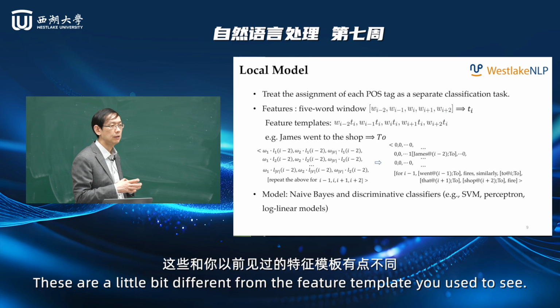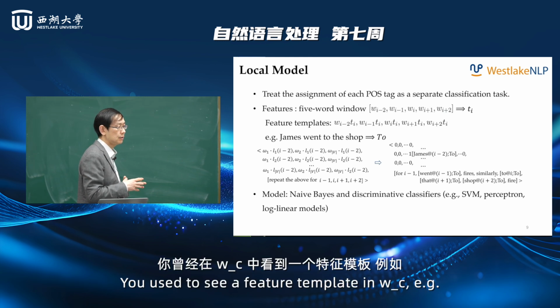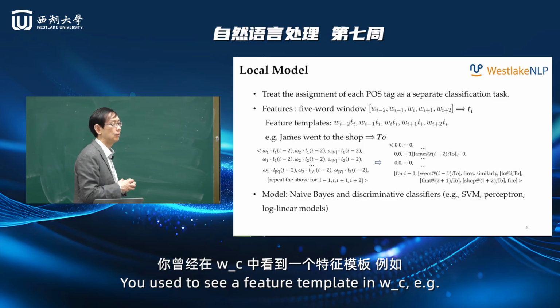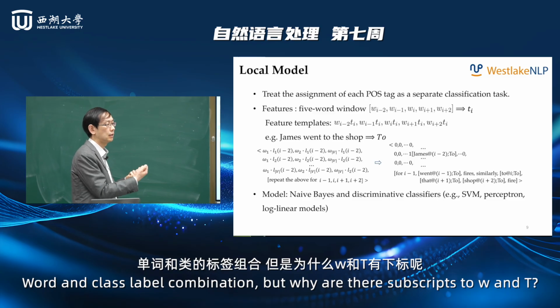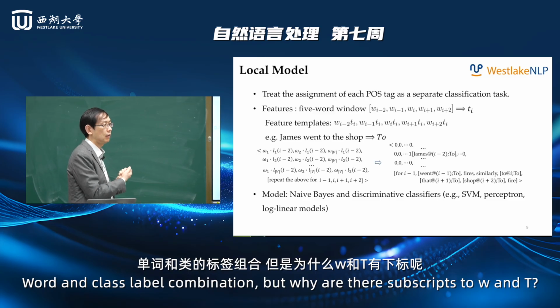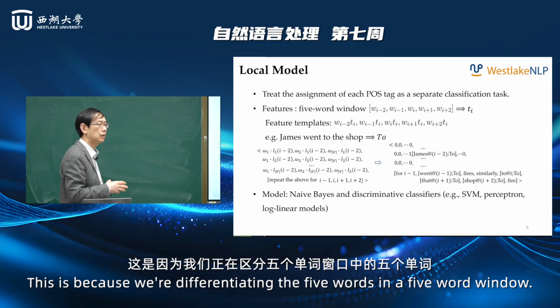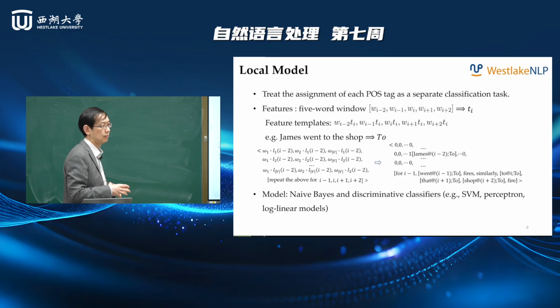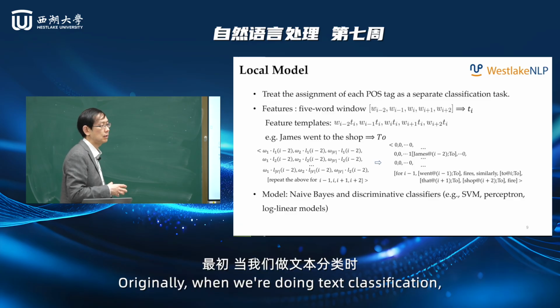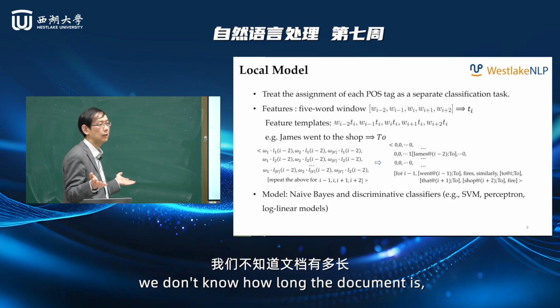These are a little bit different from the feature templates you used to see. You used to see a feature template in WC, for example, word and class label combination. But why are there subscripts to W and T? This is because we're differentiating the 5 words in a 5-word window. Originally, when we're doing text classification, we don't know how long the document is, right?